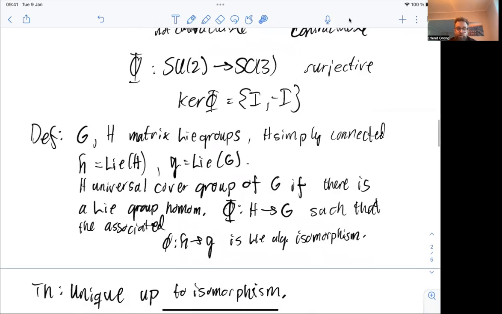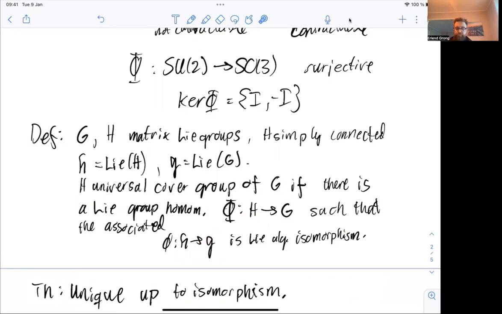So in general, if you have two matrix Lie groups H and G, such that H is simply connected, with Lie algebras h and g, then H is said to be a universal cover group of G if there is a group homomorphism from H to G such that when you restrict it to the Lie algebra, it becomes an isomorphism.